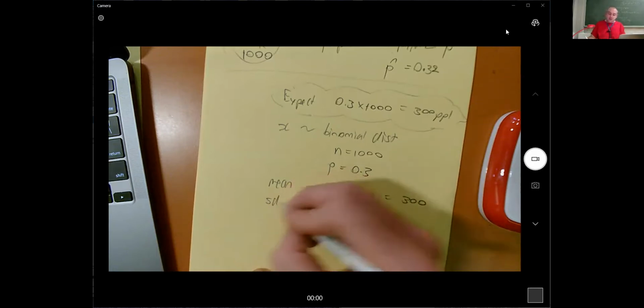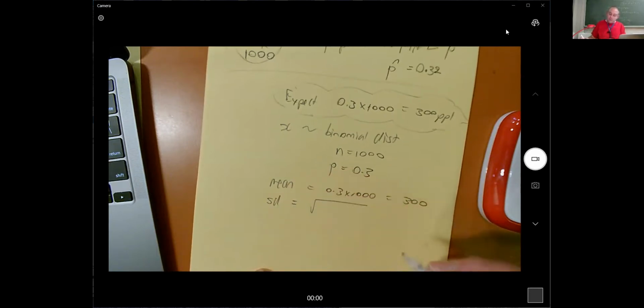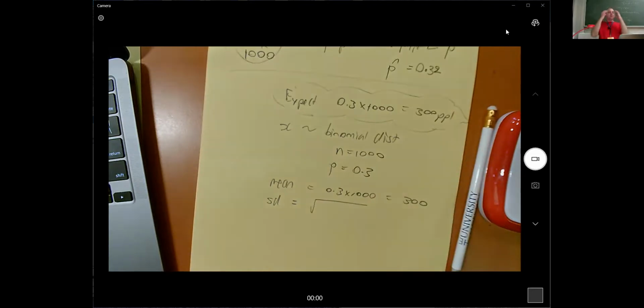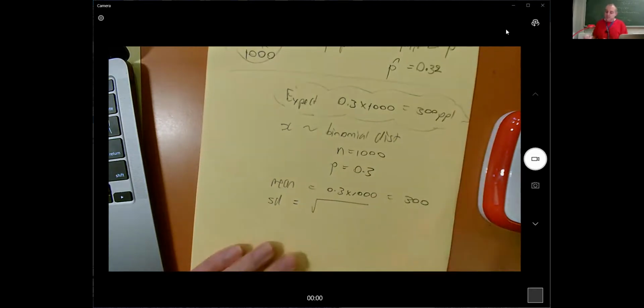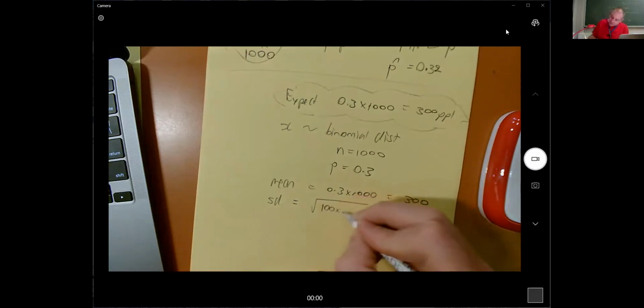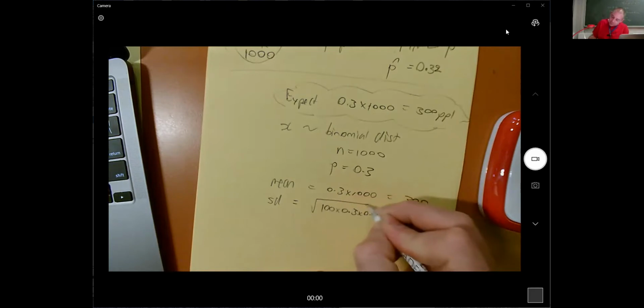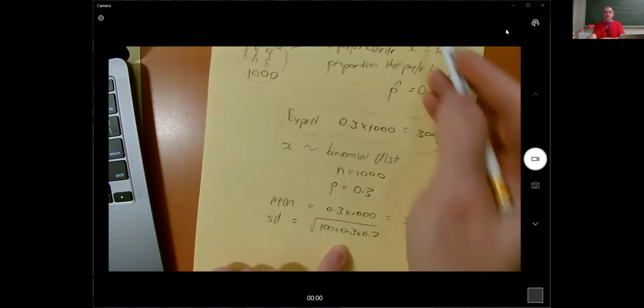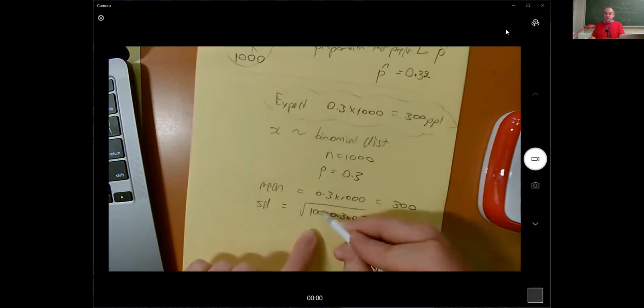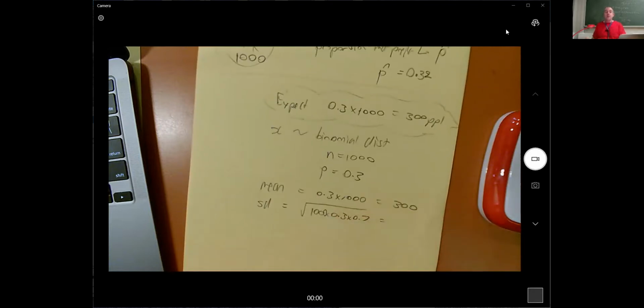The standard deviation is the square root of 1,000 times 0.3 times 0.7. So you do the P and the Q, multiply them together and times 1,000, which is whatever it is. I don't know what that is.